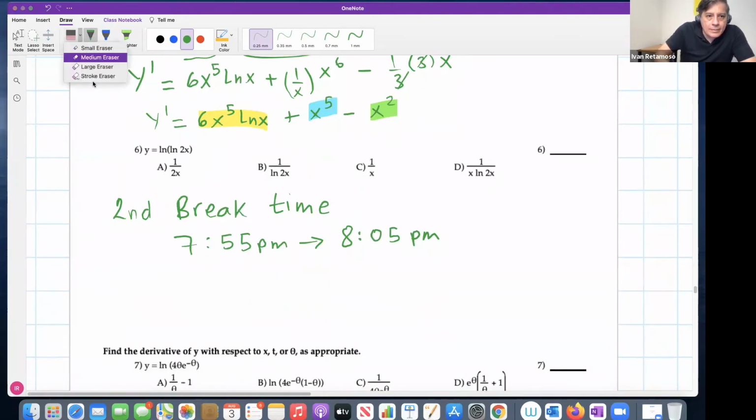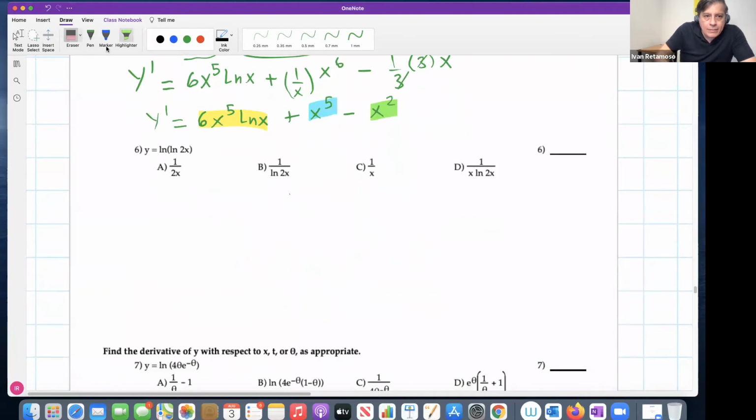Let's erase this. What about this nested function, the natural log of the natural log of 2x? How can we take the derivative of this? I'm gonna show you that this is just an application of the chain rule, okay? If we write it this way, notice that the outermost function is this natural log, right?